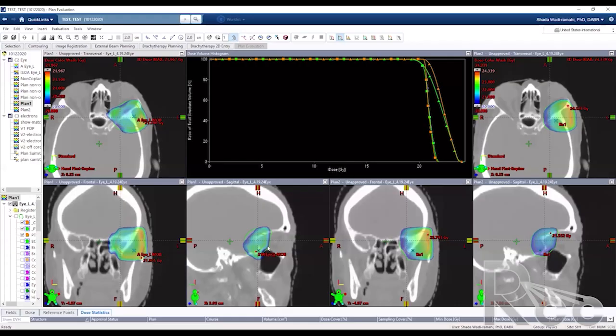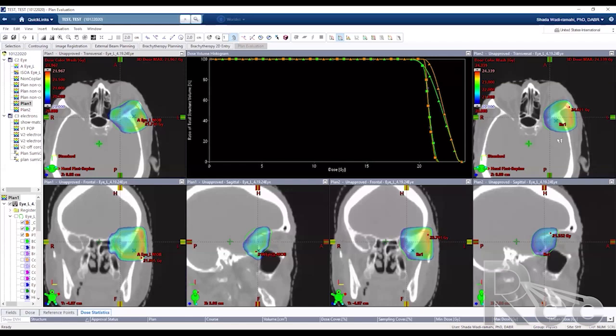So the DVH just tells you percentage of volume receiving a certain dose. And on this DVH, 97% of both PTVs are receiving 20 gray, so they look equivalent. But I'm looking at a consistent underdosing in one area.